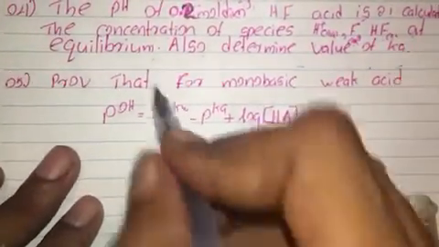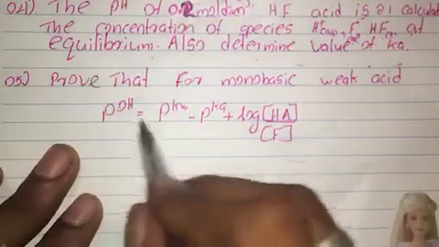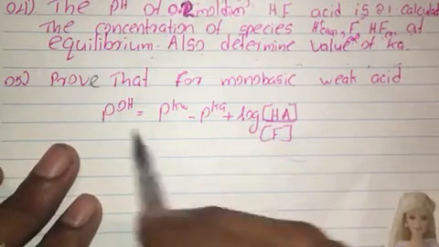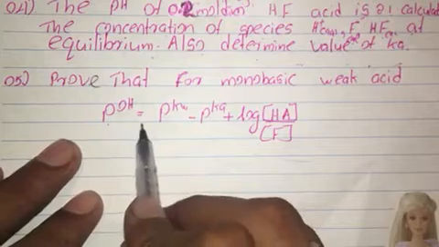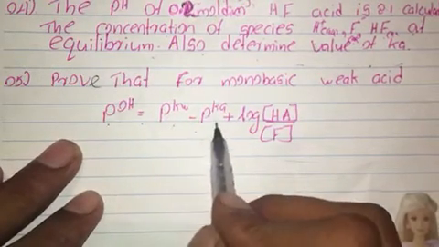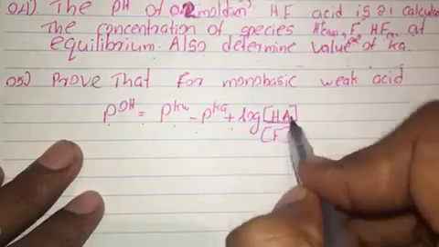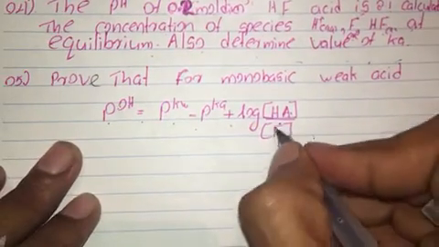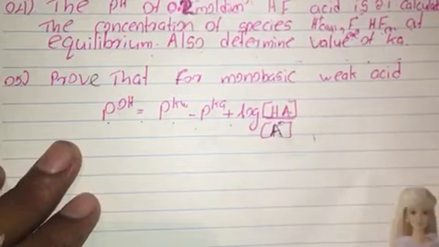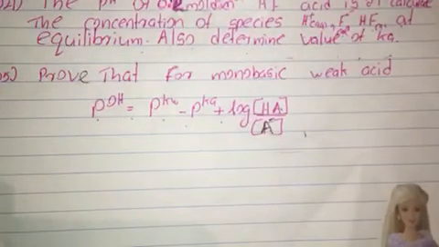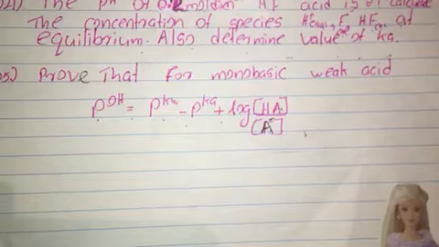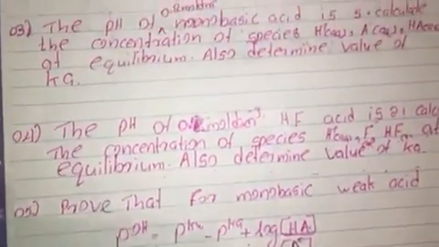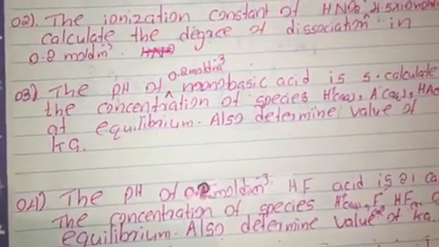Number 5, prove that for a monobasic weak acid, pOH equal pKw minus pKa plus log HA over A minus. This is the question done. Send answers to me.